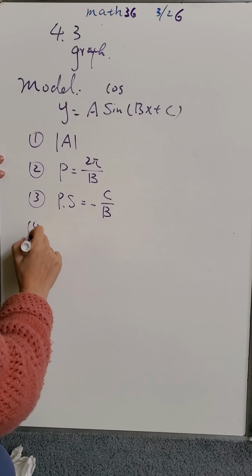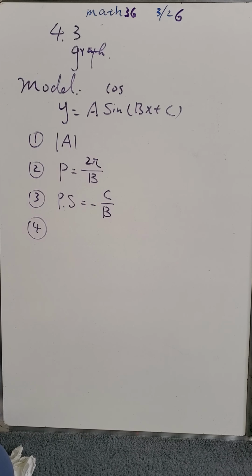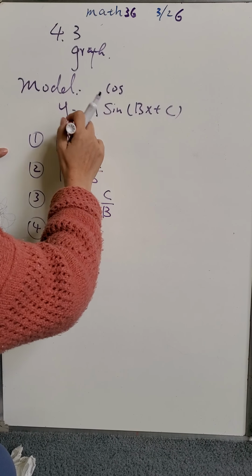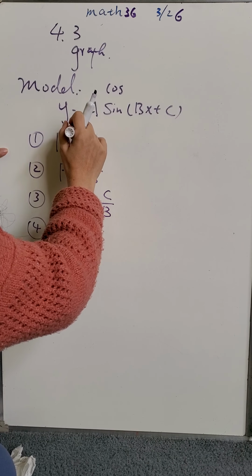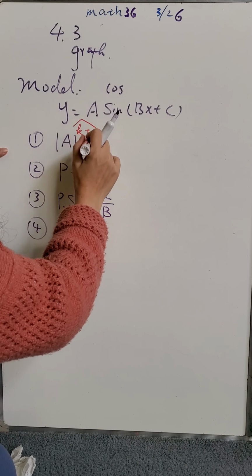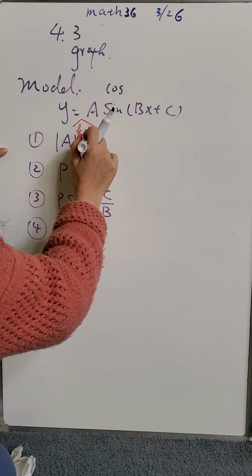The last thing we're going to do is that sometimes we add something to the graph. We're going to add a number outside. So this is a number k, plus or can be minus.